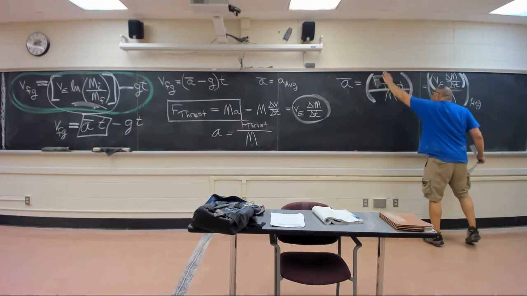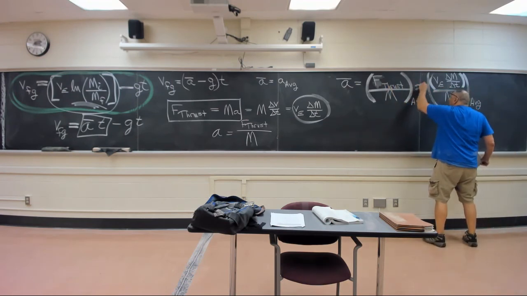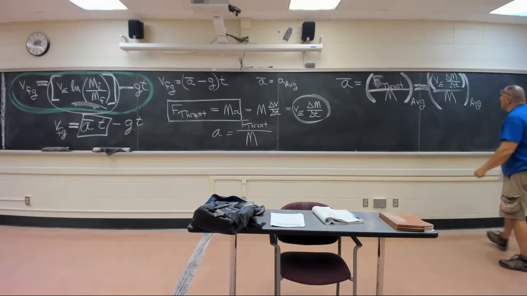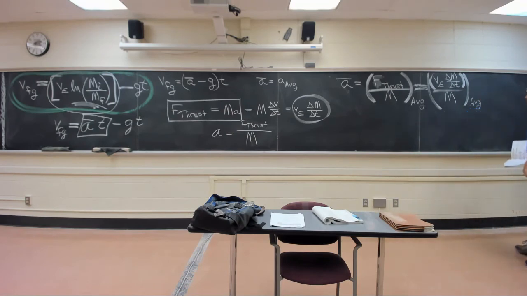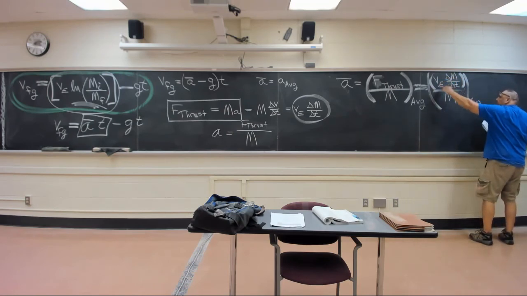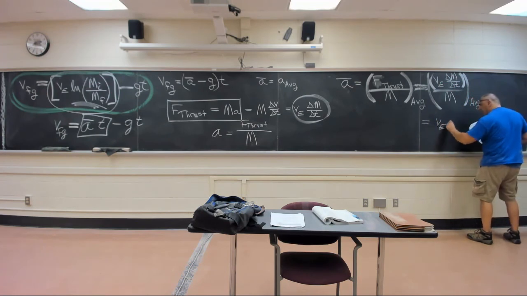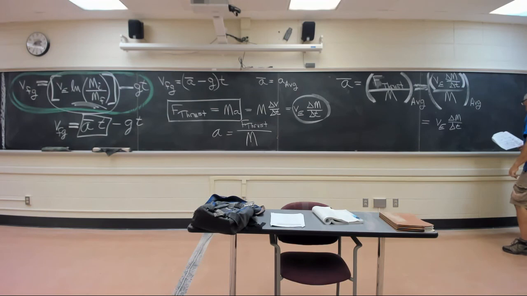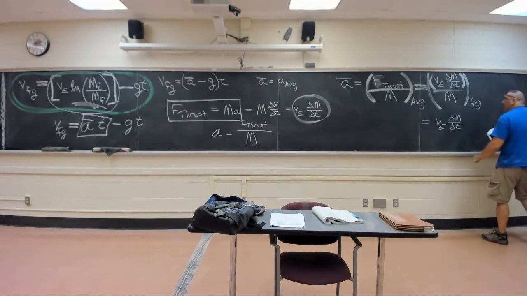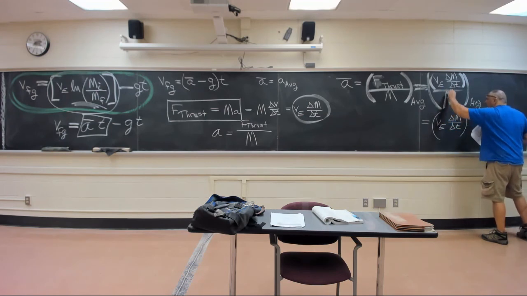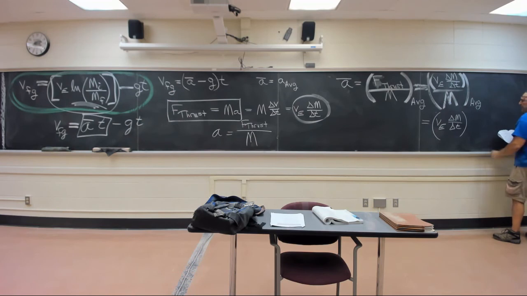You're just getting the average of all this, guys. Well, this is a constant. VE delta M over delta T, that's a constant. Yeah, I know, but you're still getting an average here, guys. The M is not a constant. The M is varying, so you've got to multiply it by the average of this guy.